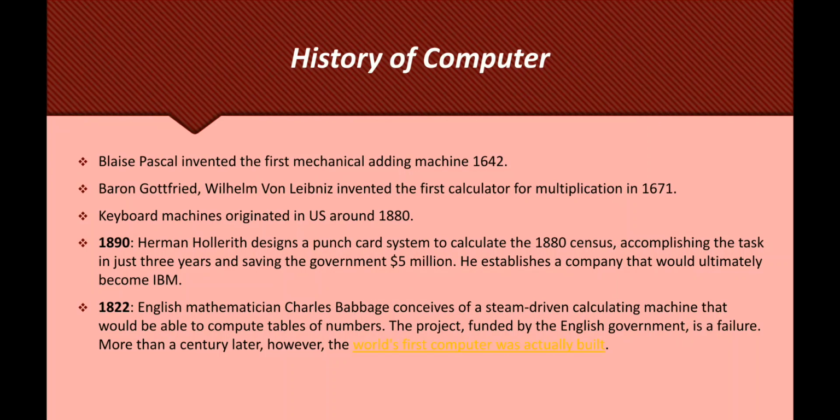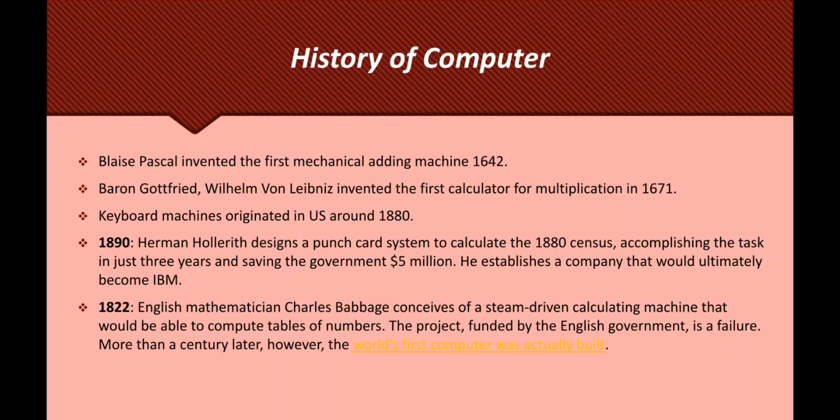Okay, now next one is our 1822. We know the English mathematician Charles Babbage, and we know this name very well. It is a star of the computer system, right?